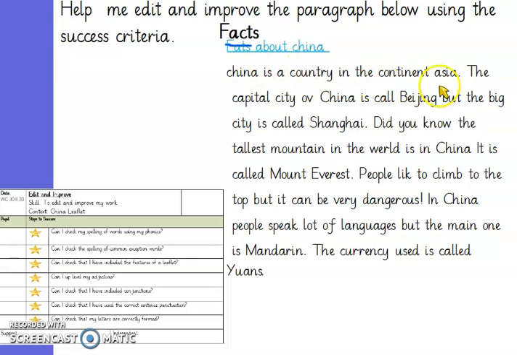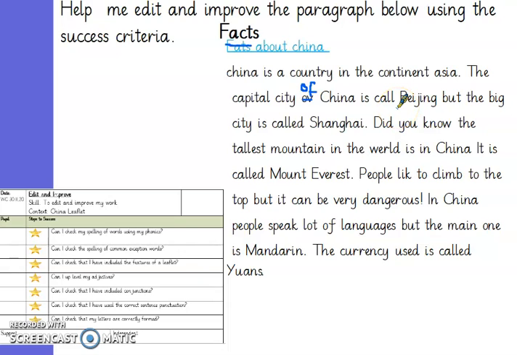China is a country in the continent Asia. The capital city of is a tricky word we should know. Of is spelled like that. Is called.